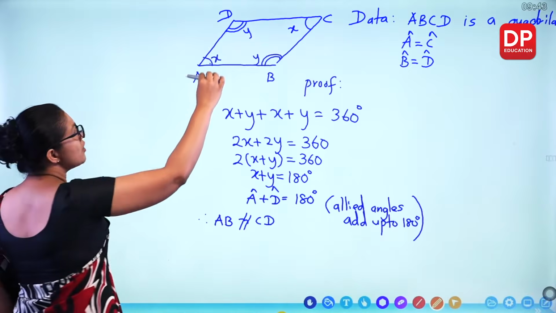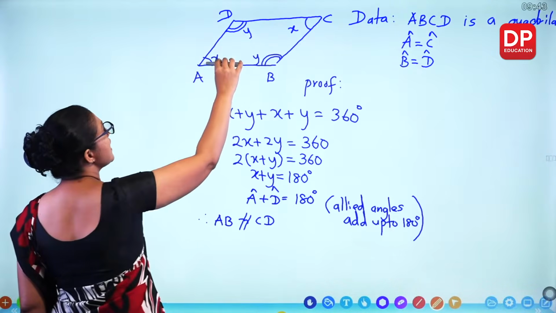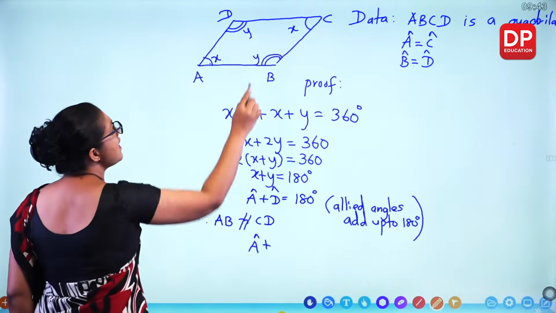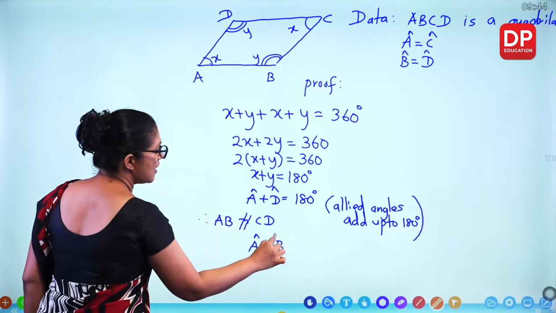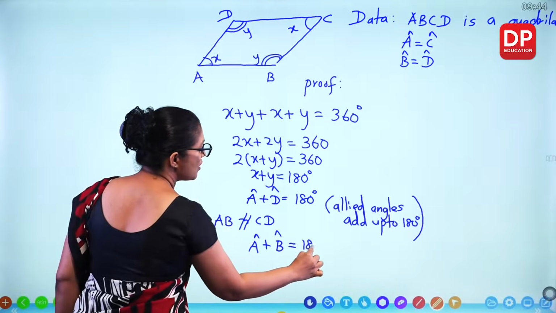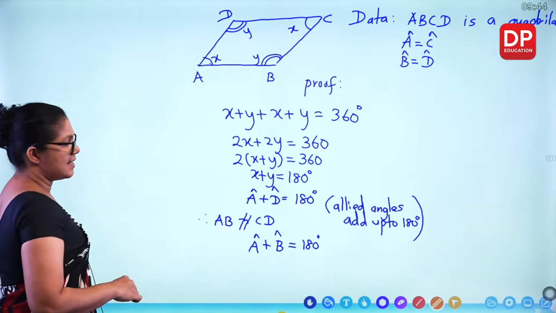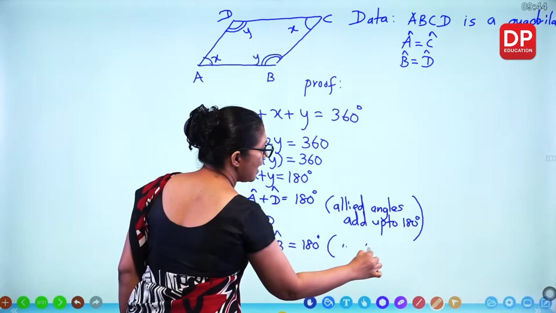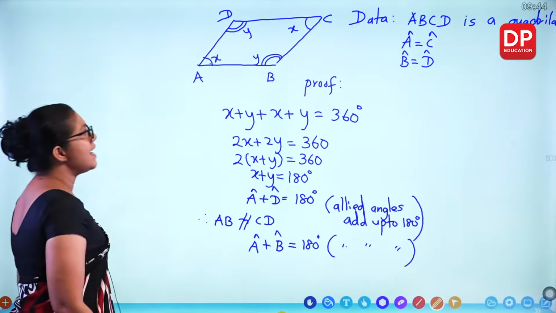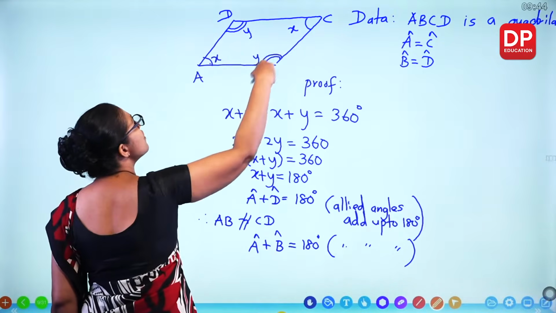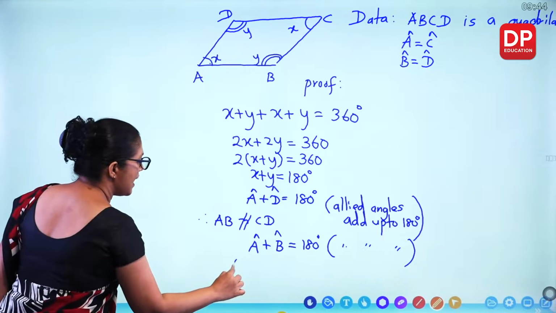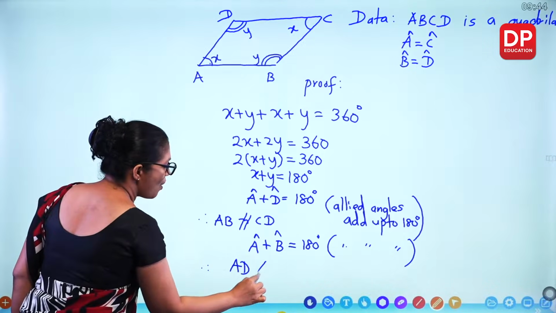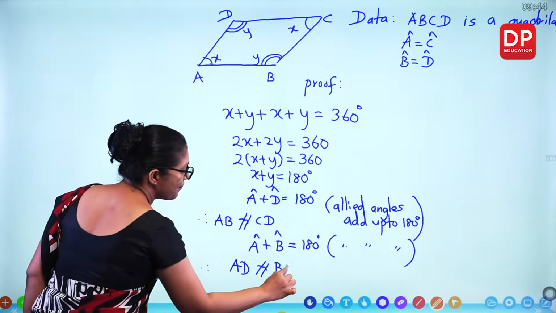Then think about the other way around. If I take A as X and Y as B, that's also equal to 180. These two are also allied angles. Allied angles add up to 180. That means these two lines are parallel. AD is parallel to BC.